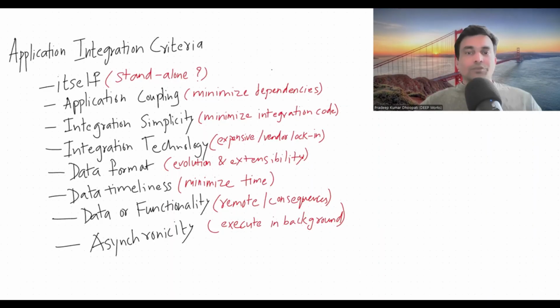In this session, we will try to uncover application integration criteria. Enterprise integration is the task of making separate applications work together to produce a unified set of functionality. Some of these applications may be custom developed in-house, while others are bought from third-party vendors.